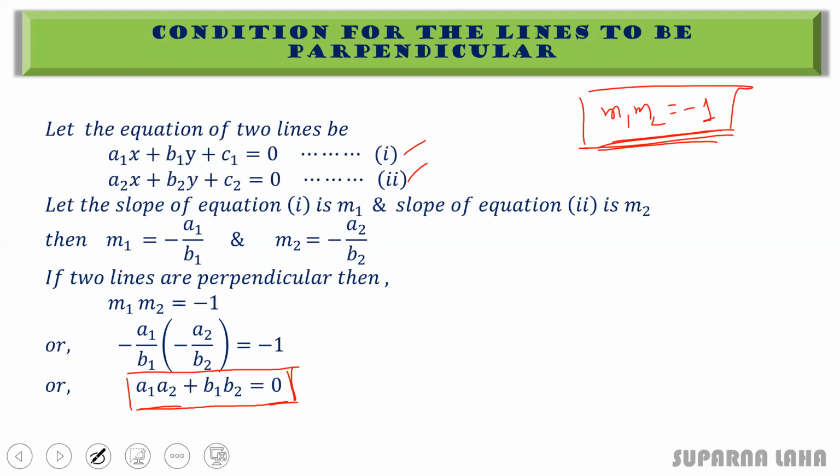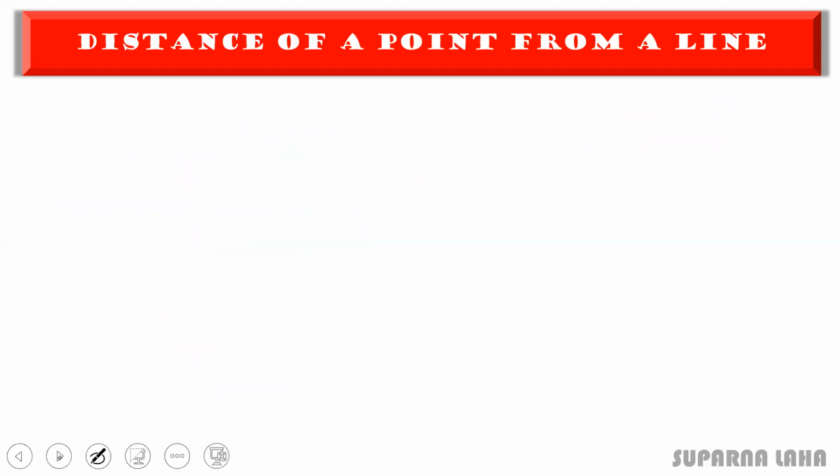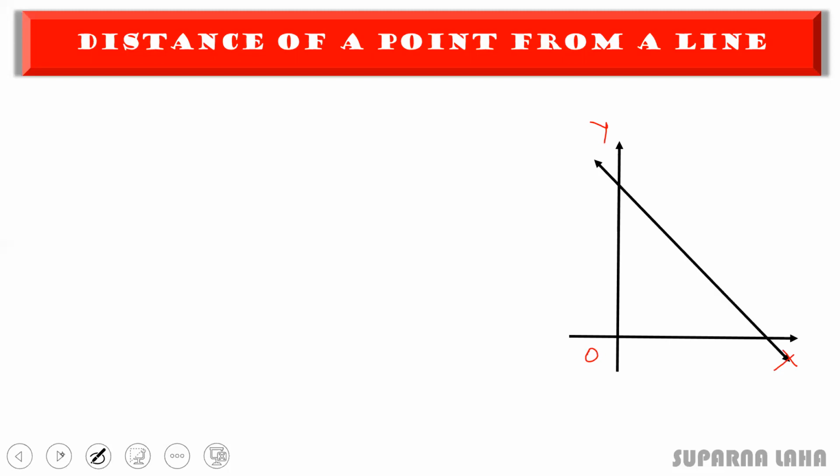Now, the next topic is the distance formula, that is, the distance of a point from a line. So take the x-axis, origin, and y-axis. Take any line; here I am taking the equation of this line as ax plus by plus c equals 0. Clear? So take this point R and this point Q. Then what are the coordinates of R and Q?